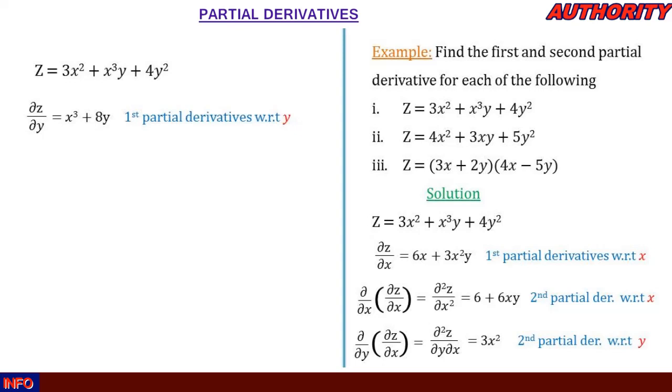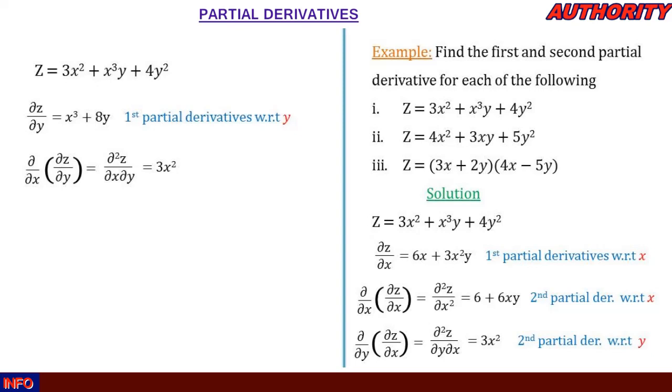We have the partial derivative of z with respect to y, x cubed plus 8y. Differentiating with respect to x, x cubed gives us 3x squared, and differentiating 8y with respect to x gives us 0.